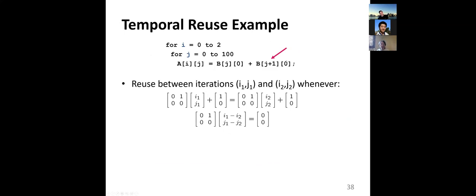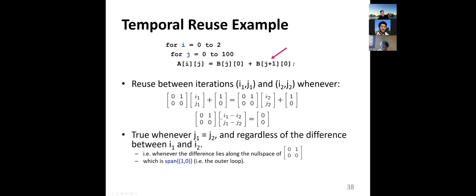For example, look at B[j+1]. Let's look at the reuse between two iterations, (i1, j1) and (i2, j2). If I write it this way and then simplify, this is essentially the system of linear equations I get. Then if I multiply things here, you're going to see that it doesn't depend on i1, i2 at all, right? Because this thing by this thing and this thing by this thing, this is always multiplied by 0.